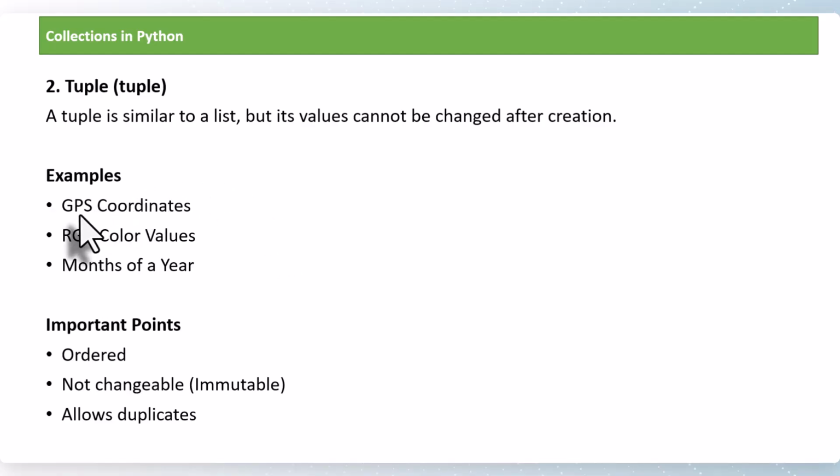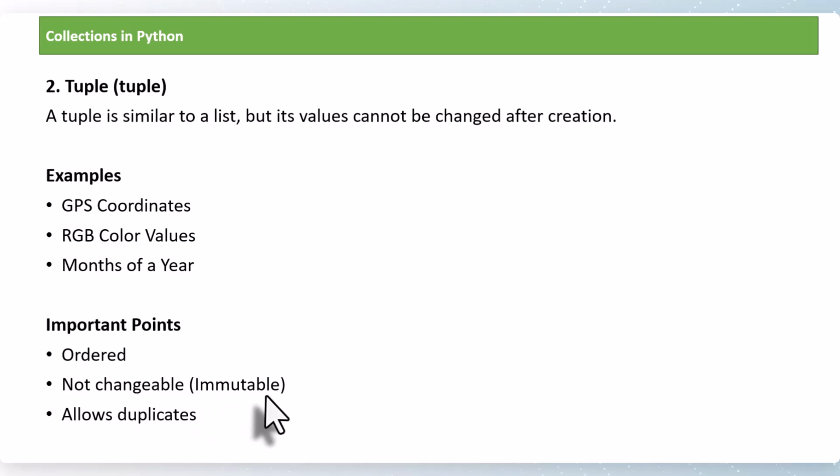When you can use the tuple, when you want to store GPS coordinates, you want to store RGB color values, or you want to store the months of a year, at the time you can use this tuple. Some of the important points about this tuple is also ordered collection, but it is not changeable.